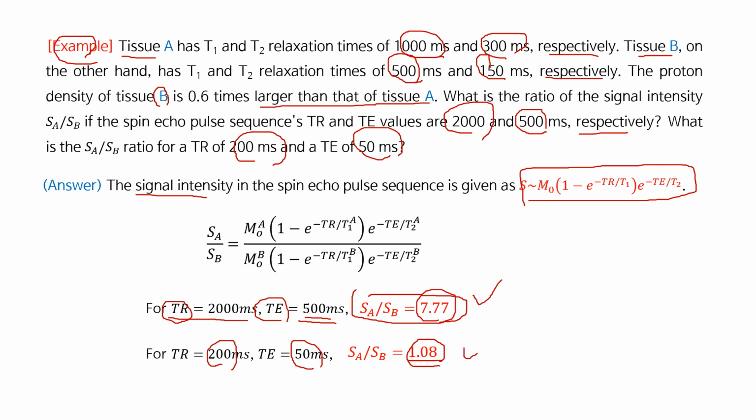So that means that the image contrast is better in this case, because tissue A and tissue B are clearly discriminated by the signal. So we have a better contrasted image if you use these parameters. Okay.